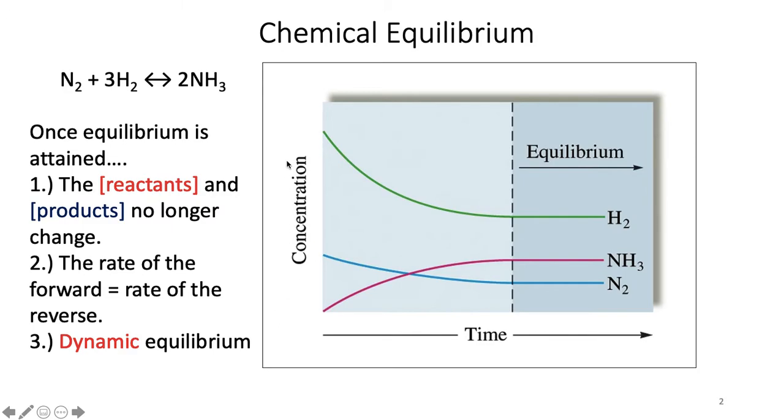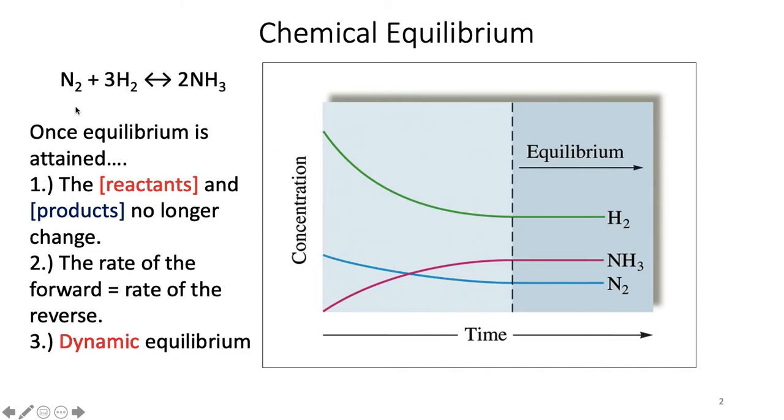If I monitor the concentration versus time of all three of these species, I find, for example, that at time 0, the blue is my nitrogen and the green is my hydrogen. At time 0, my purplish-pink curve, NH3, is 0 because at the very beginning I have no NH3 present.